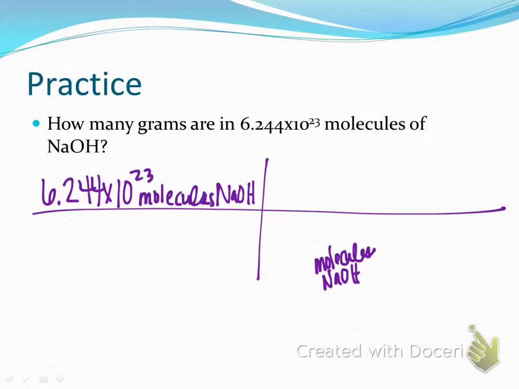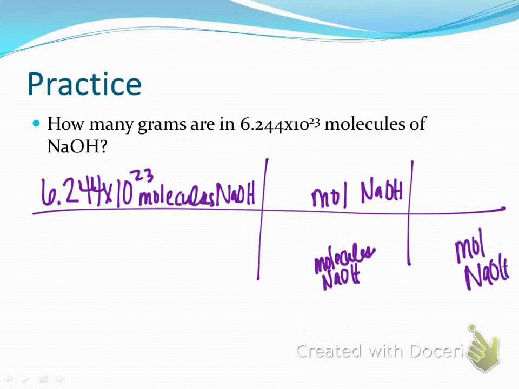So I need to put molecules on the bottom. What goes in this middle section right here on top? Molecules to moles. Good. That's got to be our middleman. Now I want to go from moles to what? Grams. So grams of NaOH.